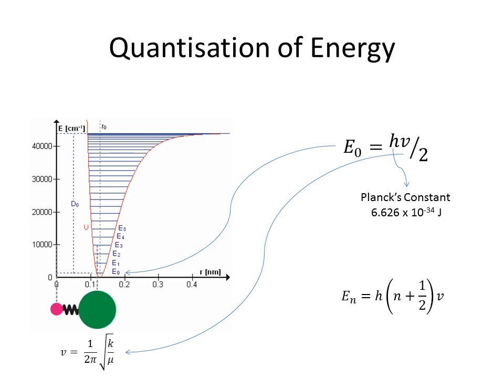Very simple. Then for each subsequent energy level, we look at this equation over here, where n is the number of energy levels. So we're just adding a little bit of quantized energy for each step we go up this ladder of energy.